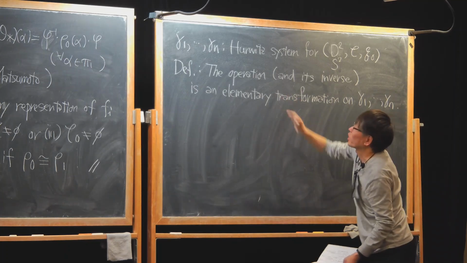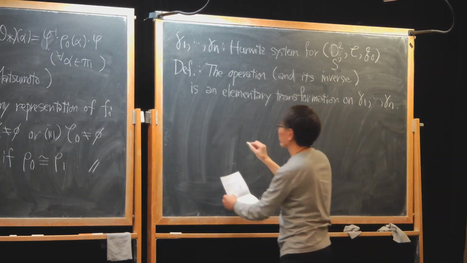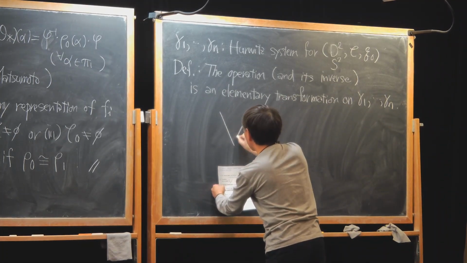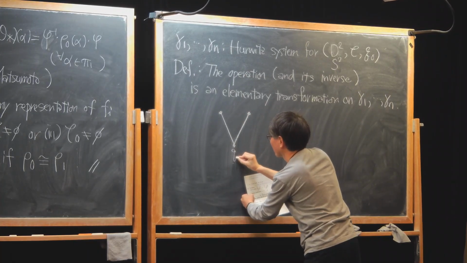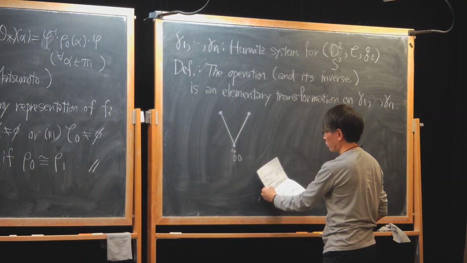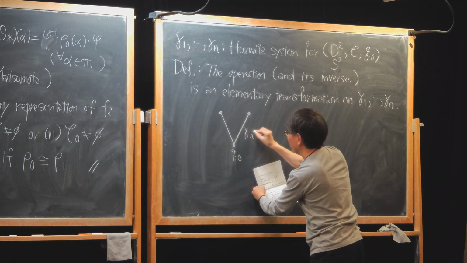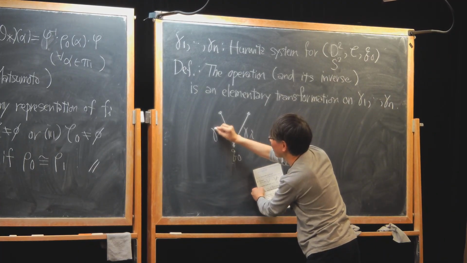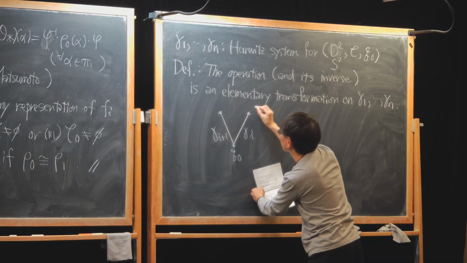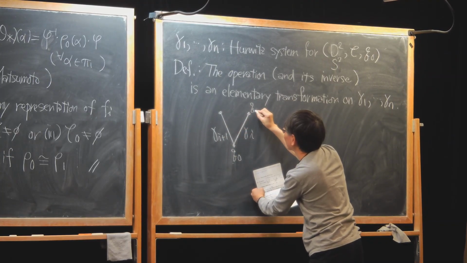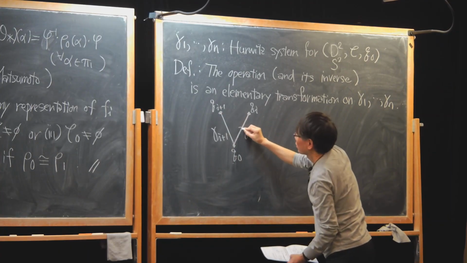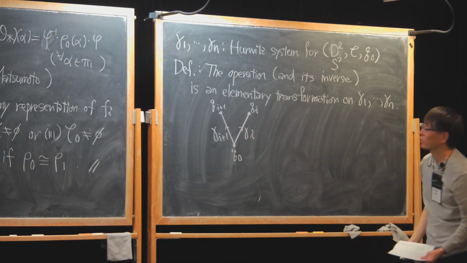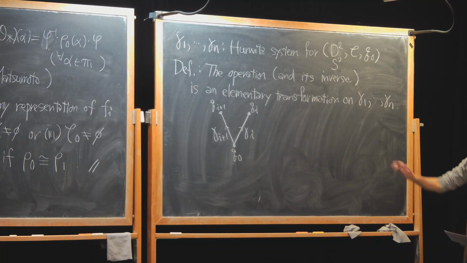And the operation is as follows. So take two paths, gamma_i and gamma_{i+1}. So these points are q_i and q_{i+1}. Okay. So this is the initial position.